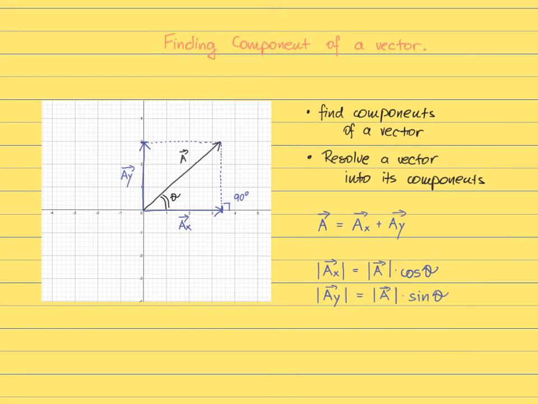Now, I was given this angle. If I was given this other angle, maybe these sine and cosine could change. Or you could always calculate this angle and use these formulas. So please just be aware that how you calculate it is really an application of trigonometry. You don't have to worry about it.